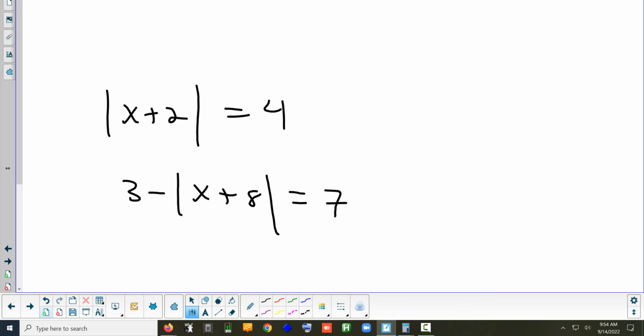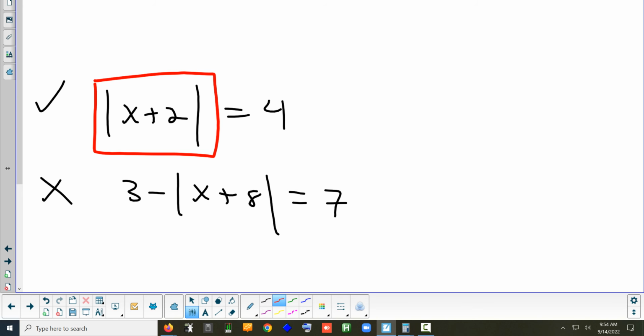That's not ready to be solved. The difference between the two is in the top one, all you have on the left-hand side is an absolute value. In the bottom one, you have an absolute value, but you also have something outside it.